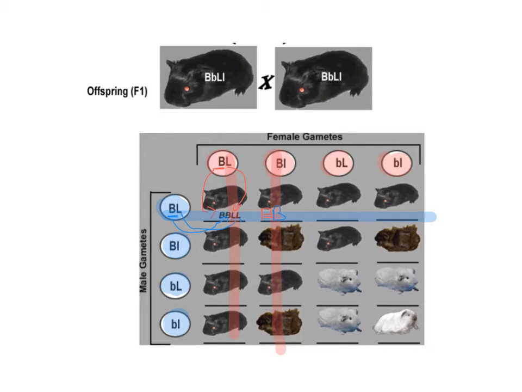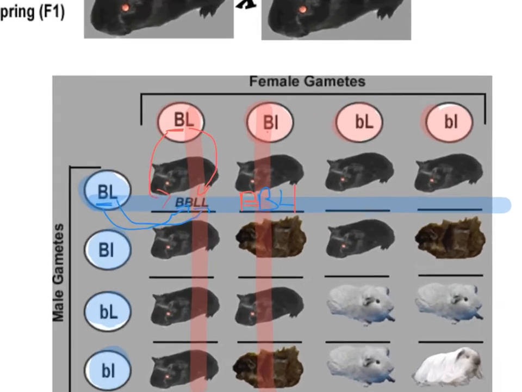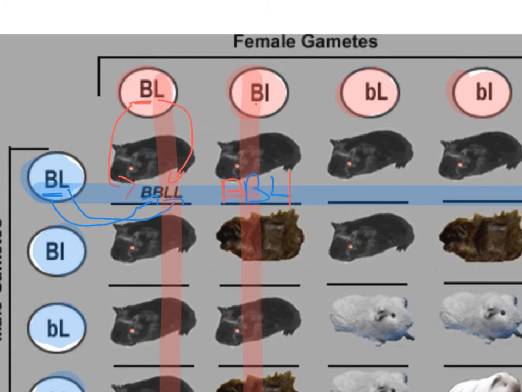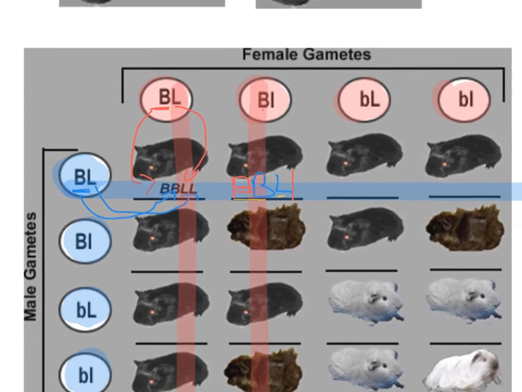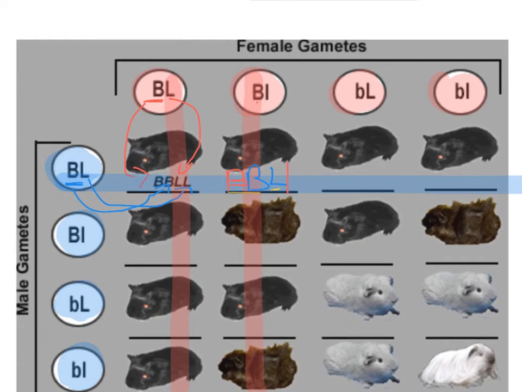Then a big L from dad and a little L from mom. Why did I do that order? Within the B's, we put our capitals first, and within the L's, you put the capital L before the lowercase l.